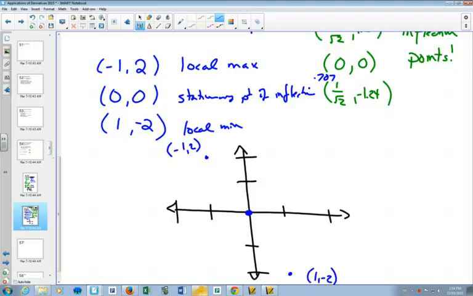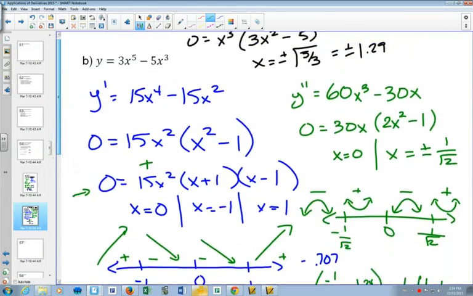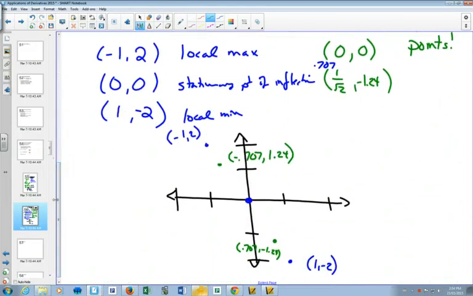We know that we have decimal 0.707 comma negative 1.24, and negative 0.707 and 1.24 as our inflection points. And then our final 2 intercepts were 1.29 and negative 1.29.